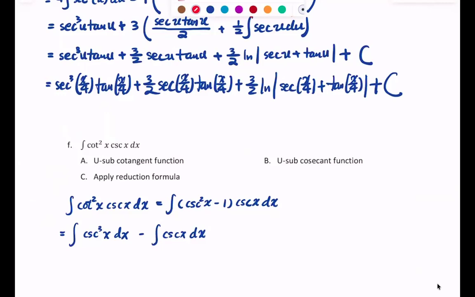Okay, so this is the reduction formula for a cosecant. That's the reduction formula.